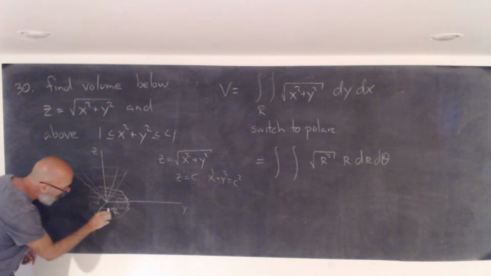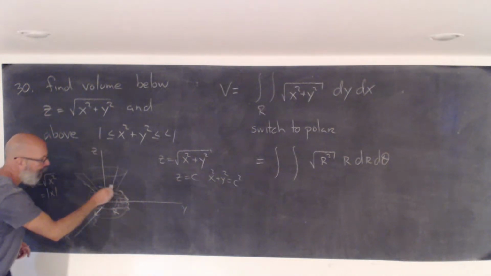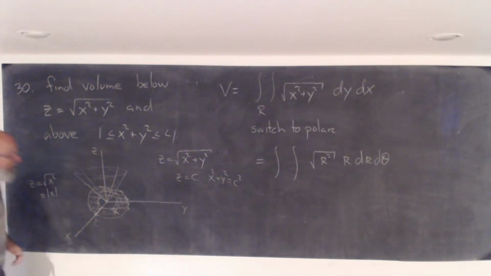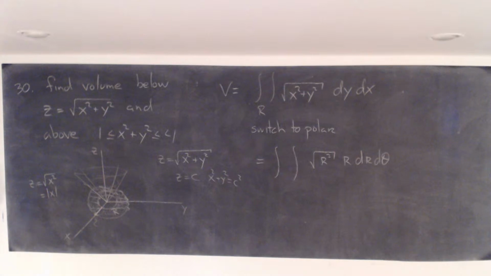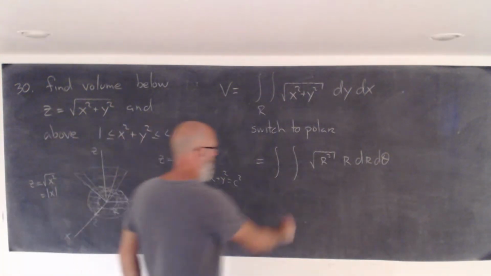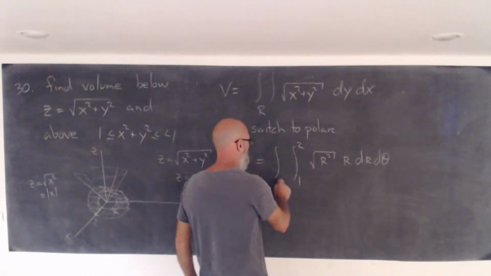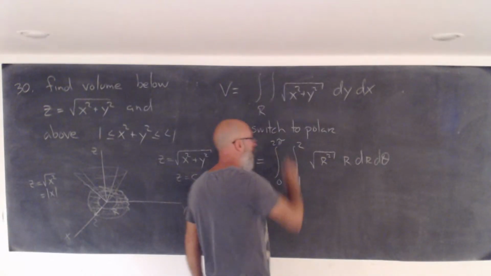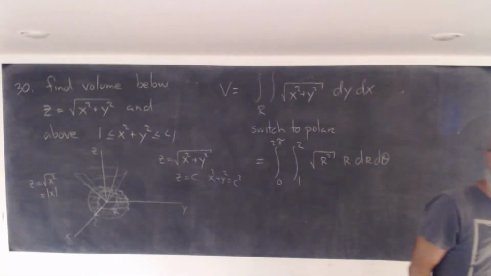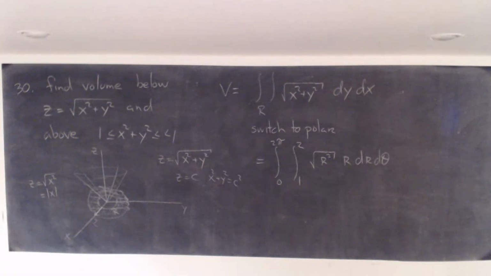And then you spin that around 360 degrees. That will describe every point in your region. So r goes from 1 to 2, theta goes from 0 to 2 pi, and you're done.